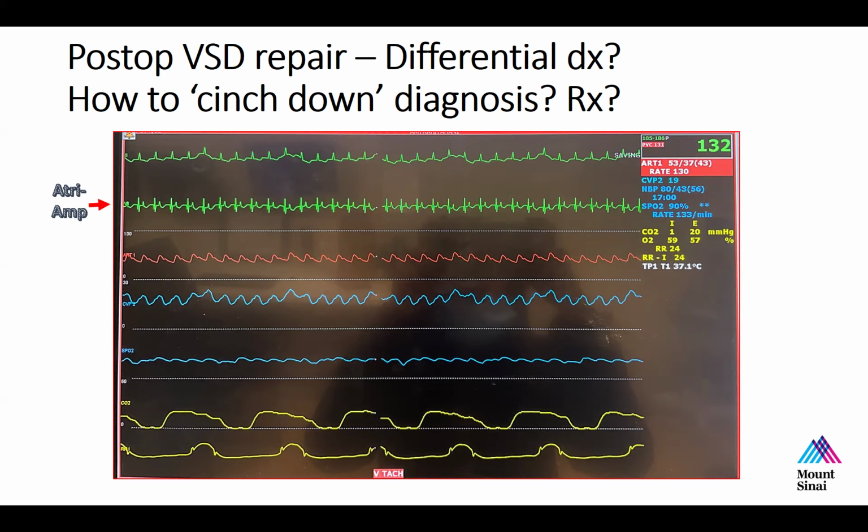What is the next test you're going to ask the nurse practitioner to provide for you in order to better know? You see that there's an A following every QRS, but how would you make sure that you know what this is? What other test could you do at the bedside? I can do an EKG at the bedside.